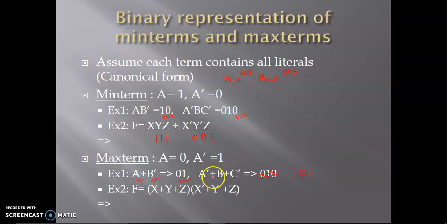Because the true form is represented as 0 and the complemented form is represented as a 1. What about x plus y plus z? That would be, this is true form, so 0, true form 0, true form 0. Here, in this max term, it is complemented form 1, complemented form 1, and z is in the true form, therefore 0. This is how we obtain the binary.